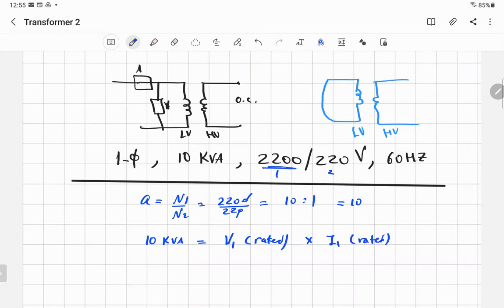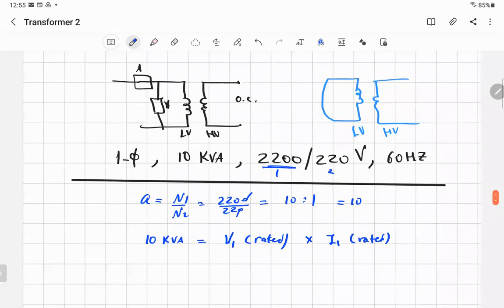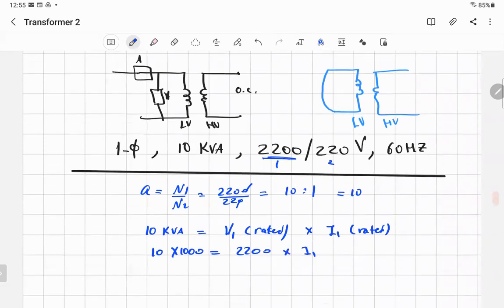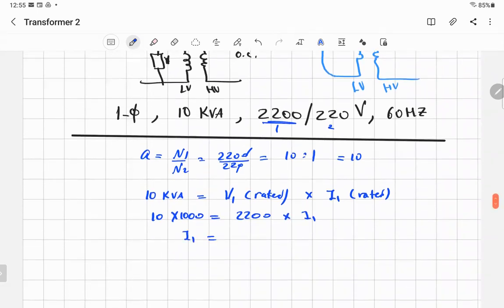I like to know the appropriate current that I'm supposed not to exceed. So I'll say 10 times 1,000 equals V1, which is 2,200, times I1 rated value. So I1 is equal to 10 times 1,000 divided by 2,200.